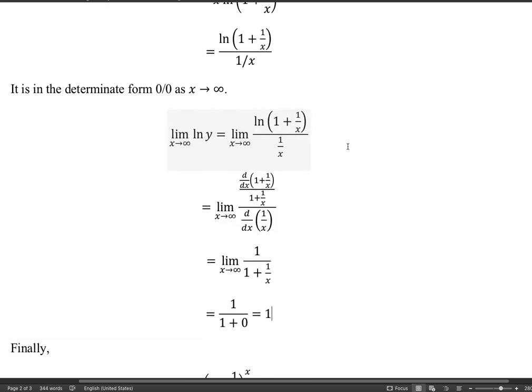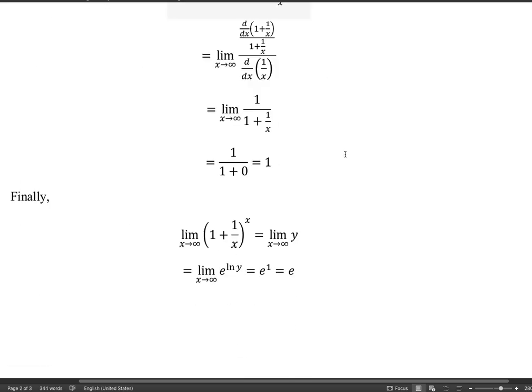Y is a notation for this original expression. So in the end, I want to be clear, the limit of this expression is the limit as x approaches infinity of this y. And remember this y, if we write it in a fancy way, can be considered as e to the ln of y, right?